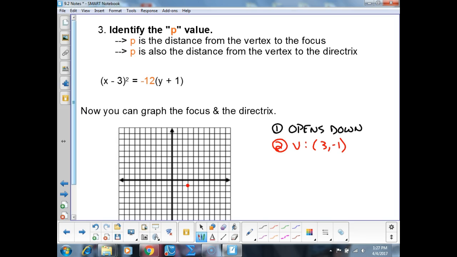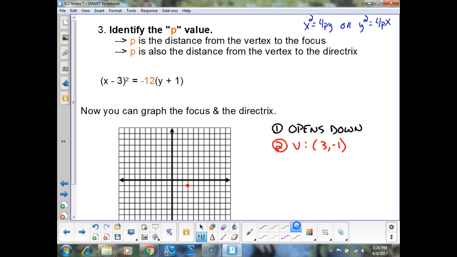Remember from before, our forms were x squared equals 4py or y squared equals 4px. So we need to pick out that p value. So I look at what's the coefficient on the non-squared term.